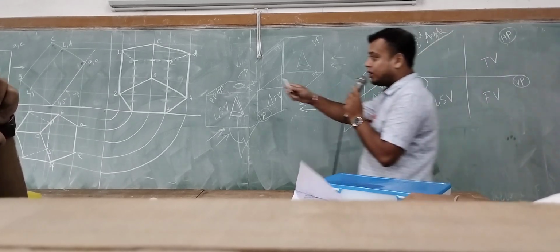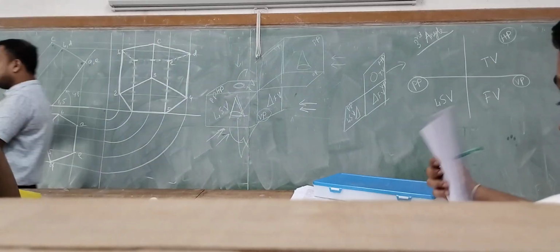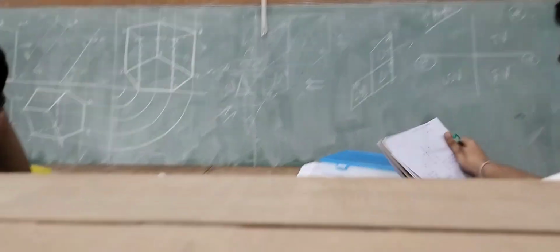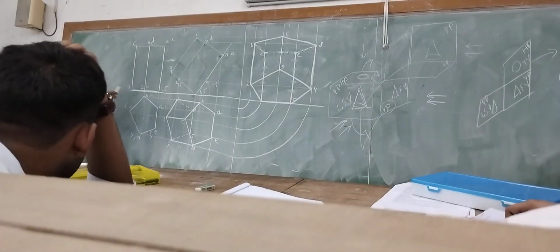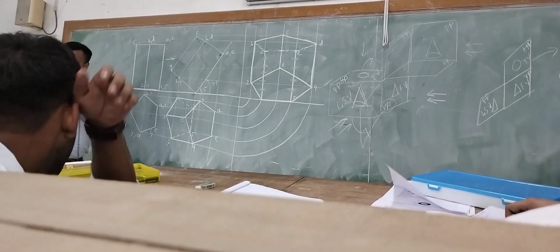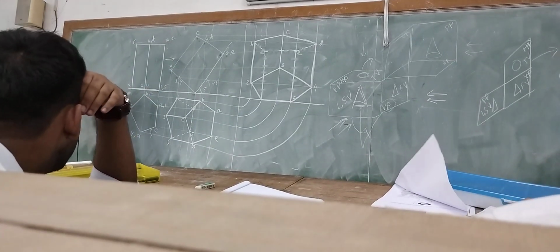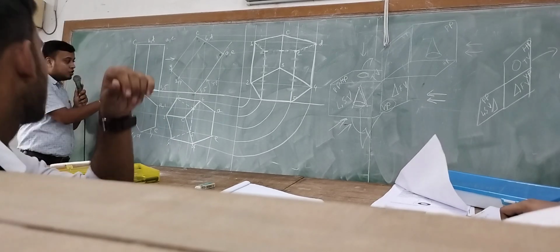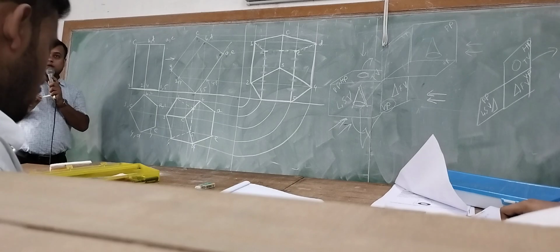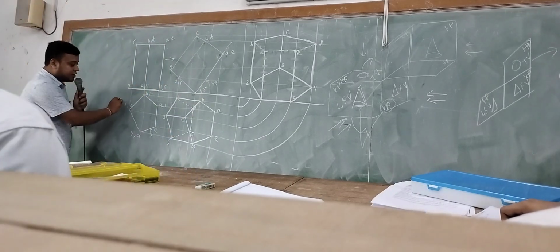So for this problem, from which view have I started? Tell me. First thing, I cannot start with the inclined position. I have started from the normal position, that is also fine. But in the normal position also, from which view?